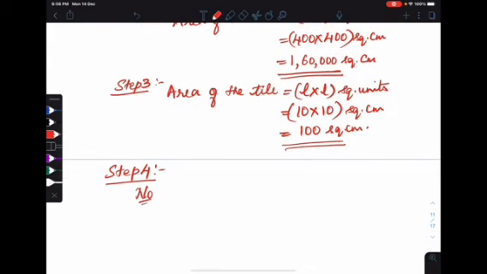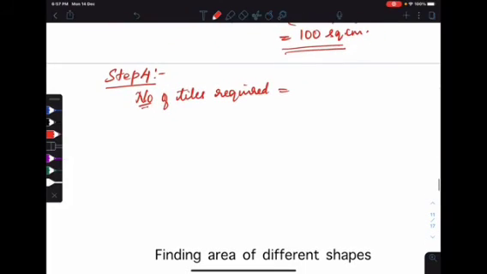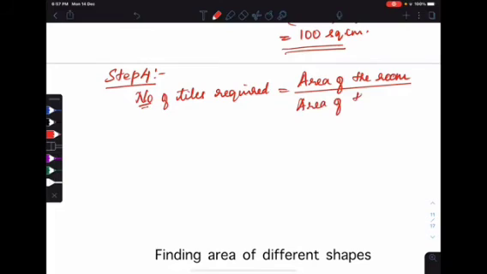Now for step 4, you need to find the number of tiles required, which is equal to area of the room divided by area of the tile.